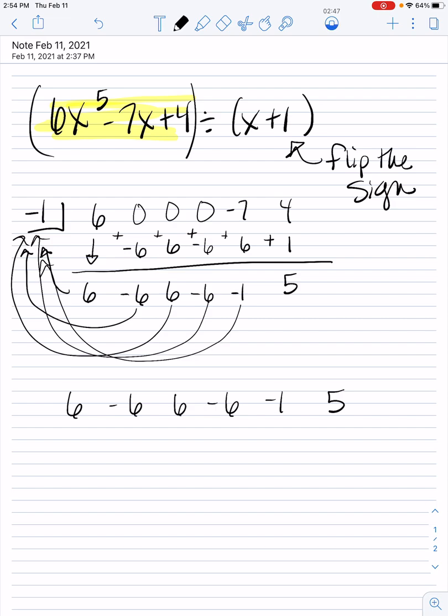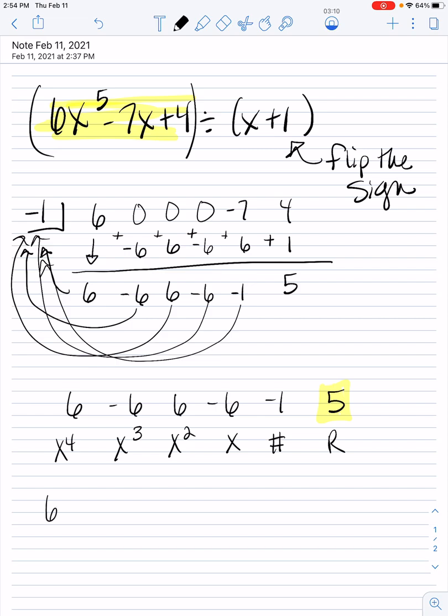I like to work backwards, so I like to start here and start labeling. This is our remainder, this is our number, this is our x value, this is our x squared, this is our x to the third, and this becomes our x to the fourth.